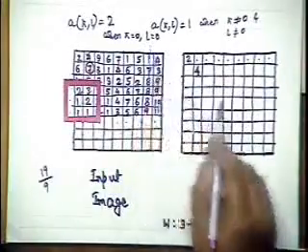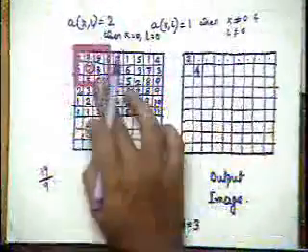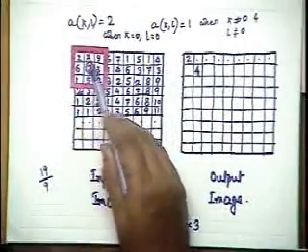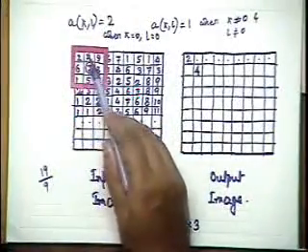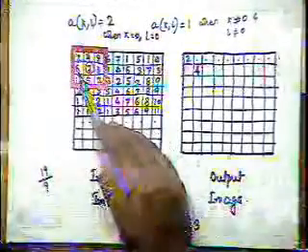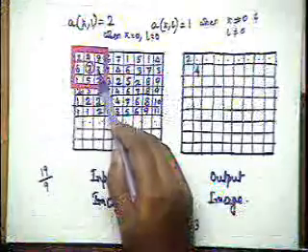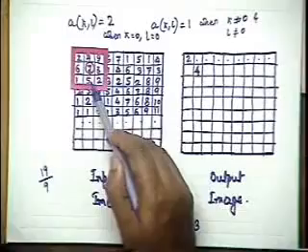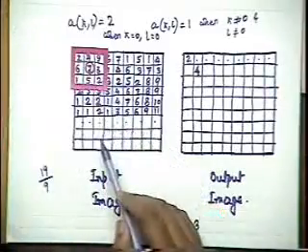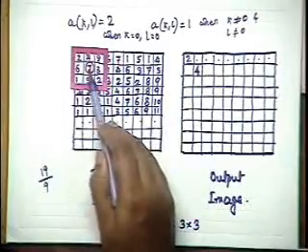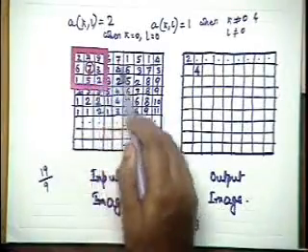I will keep on adding. I will multiply 2 by 1, 4 by 1, 9 by 1. So 2 plus 4 plus 9, 15, 6, 21, this 3, 24, this 1, 25, 5 makes it 30, 2 makes it 32. So the summation is 32. I haven't yet considered this pixel. This pixel has a weight equal to 2 now, because I have considered that AKL is equal to 2 when K is equal to 0, L is equal to 0.